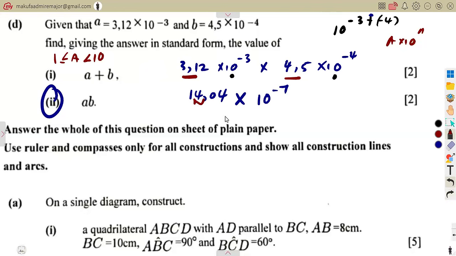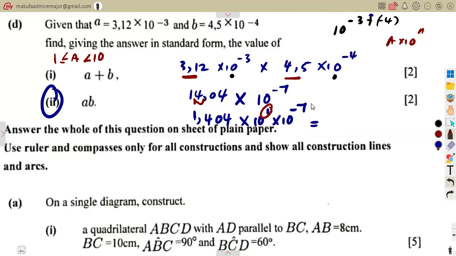Convert this back to standard form. That is going to be 1,404 times 10 to the exponent of 1, because that's a significant digit that you're working with, so it remains positive, times 10 to the exponent of -7. If you're multiplying, you add the exponents because the bases are the same, just like this part.